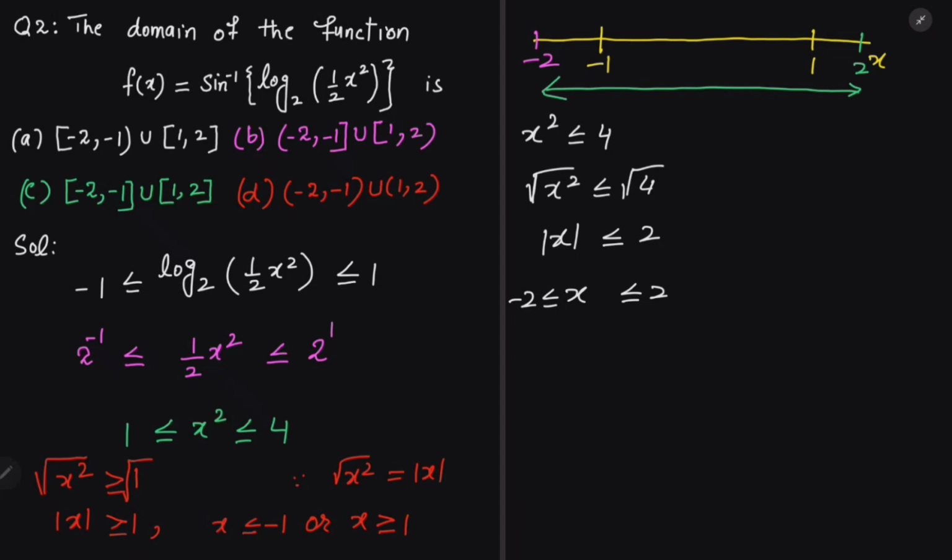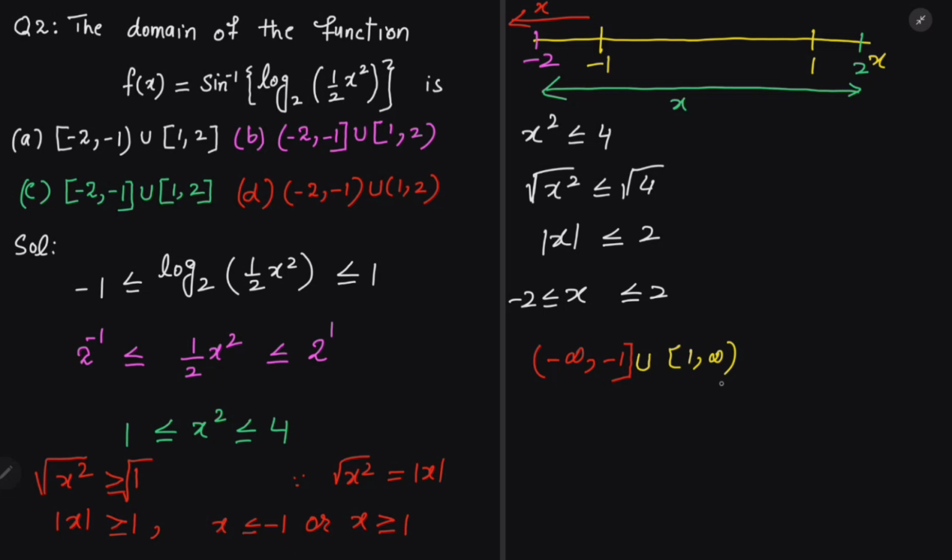And remember that for the other inequality, we had x on the left hand side of minus 1, including minus 1. So we have the domain minus infinity to minus 1, with minus 1 included in the domain, then union, and for the union, we have 1 to infinity.